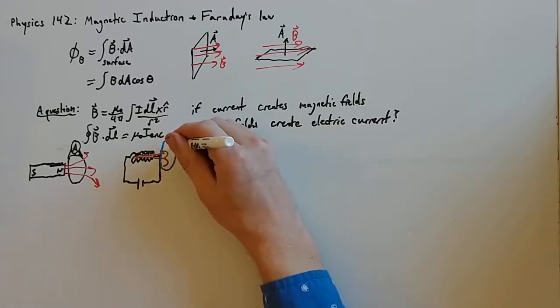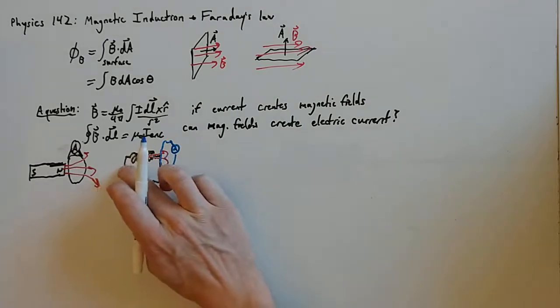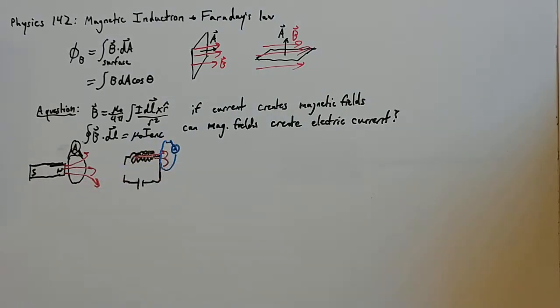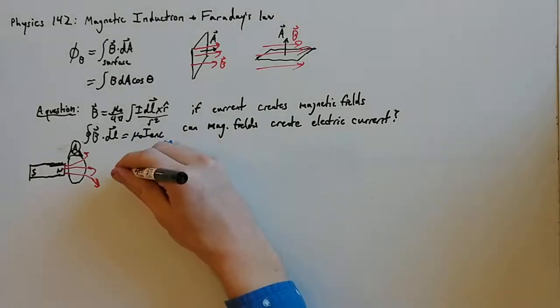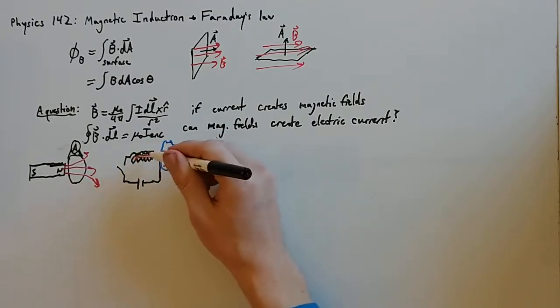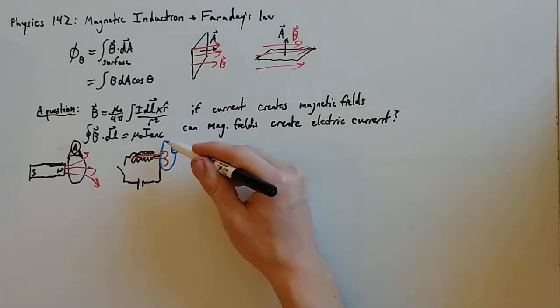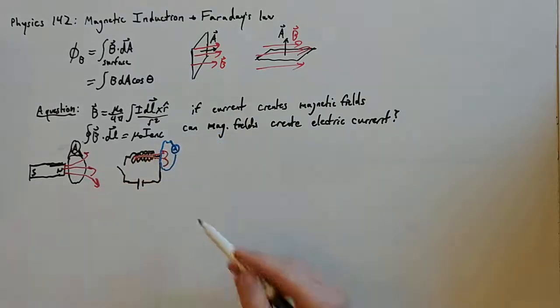Put a little ammeter in here and measure the current, and maybe we'll put a switch here in this circuit, and then we'll close the switch. That should create a bunch of magnetic field, and once the current's running in here, we'll expect a really strong magnetic field. Maybe then that'll generate some current in the blue wire.